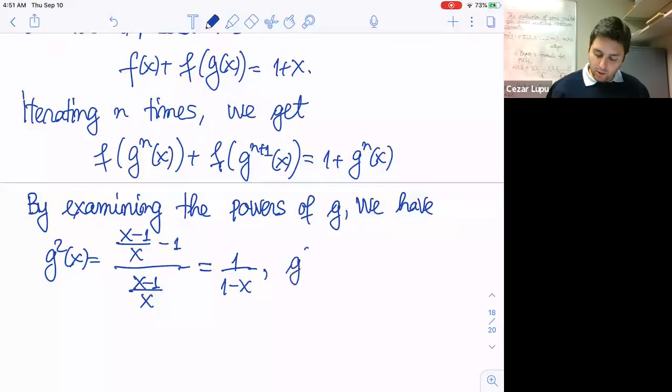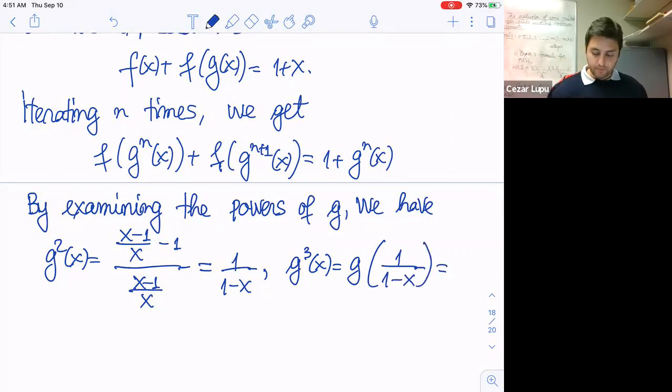And let's see, g cubed now. So g cubed will be g of 1 over 1 minus x, which will give us 1 over 1 minus x, minus 1, everything over 1 over 1 minus x.